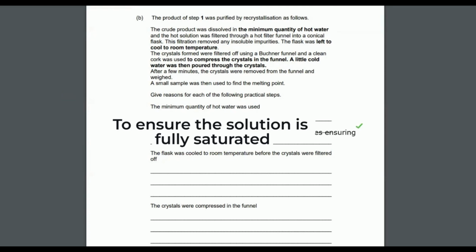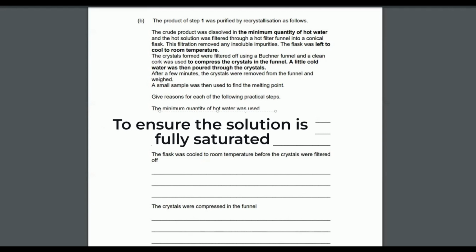Now, for the second part of the question, it says the flask was cooled to room temperature before the crystals were filtered off. Why did they cool the flask to room temperature before the crystals were filtered? Well, as we decrease the temperature of the solution, the solubility of the liquid decreases. So its ability to hold on to crystals decreases, and we'll get crystals crystallizing.